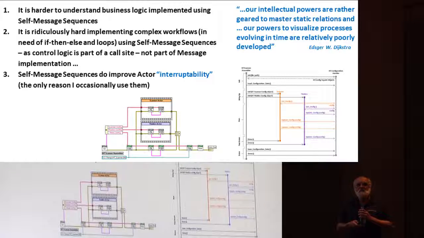A case for those self-message sequences is if you're allowing for the possibility that I would like to process anything that's in my stack of messages before I do this next thing. But that does raise the specter that my state may have changed. I may be trying to make a state change happen, and I don't want those messages in my queue to be executed because they'll be handled differently.